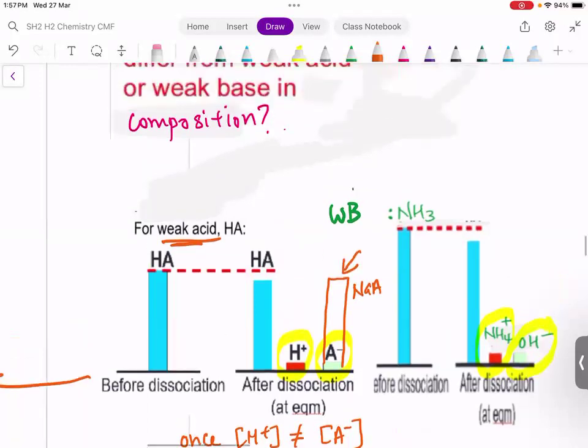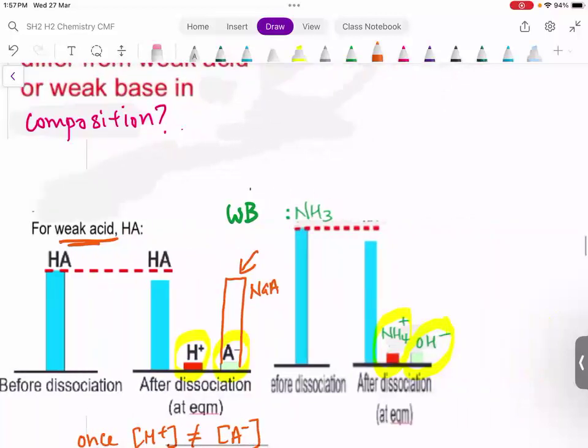It will increase, right? So now there's an additional source of A minus coming from your soluble salt. And what do you see now? Is H plus still equal to A minus? No longer equal.